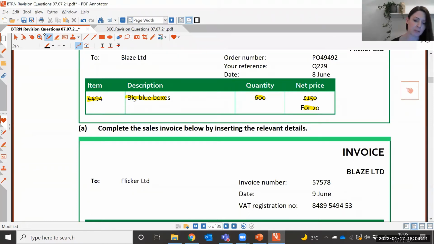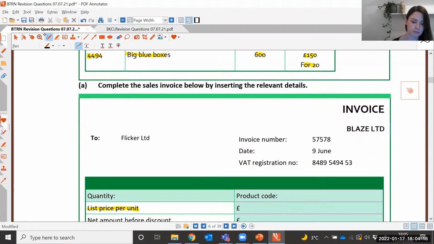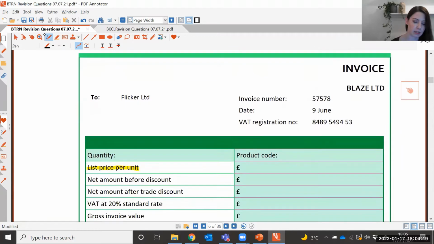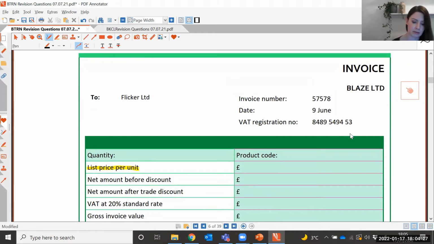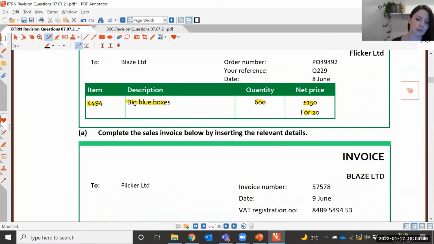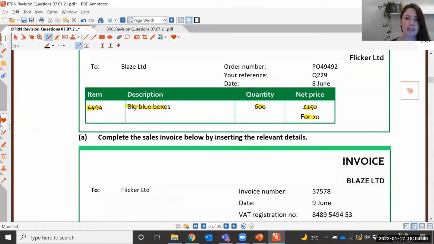And then we're told the net price is £150 for 20. So what is the list price per unit? Great, Elizabeth. Yes, £7.50. Yeah, brilliant, Melanie. Good. Yeah, so the list price per unit is £7.50. So that was just the £150 divided by the 20.